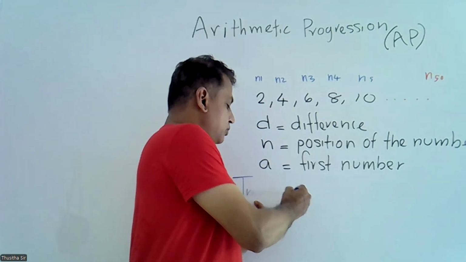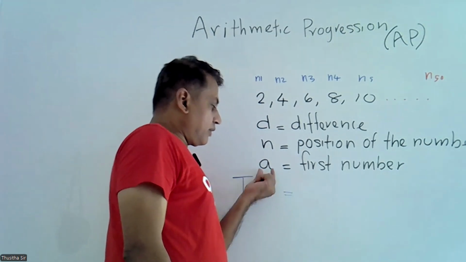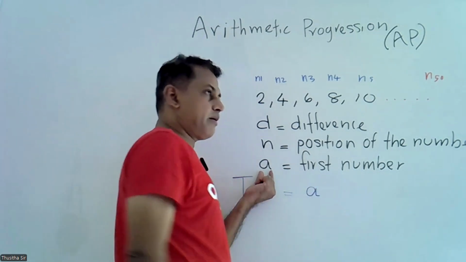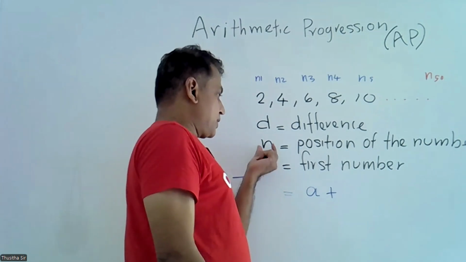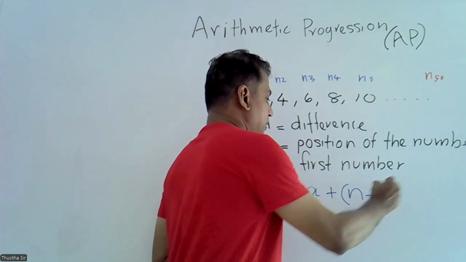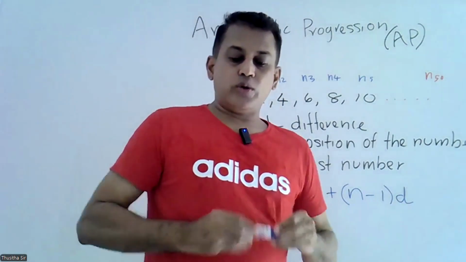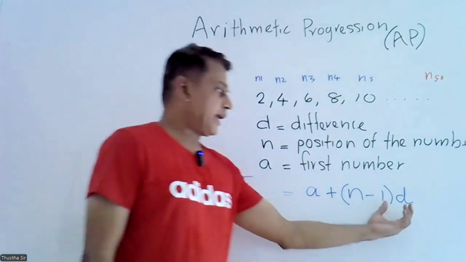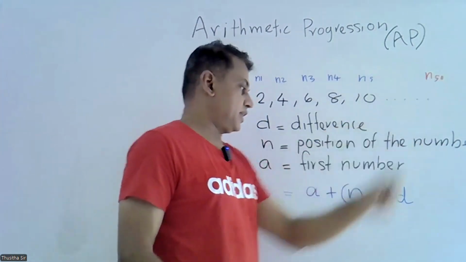Now what we do is take the first number A, plus the position we want to calculate, n minus 1, multiplied by D. This formula we can use to calculate any number given. For example, now let's calculate 50.